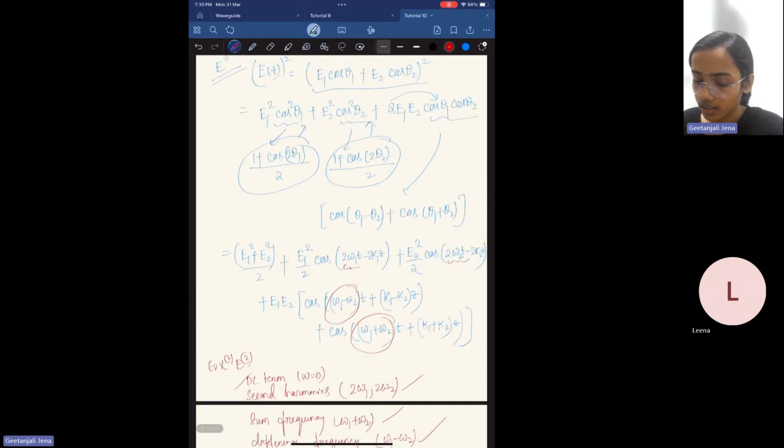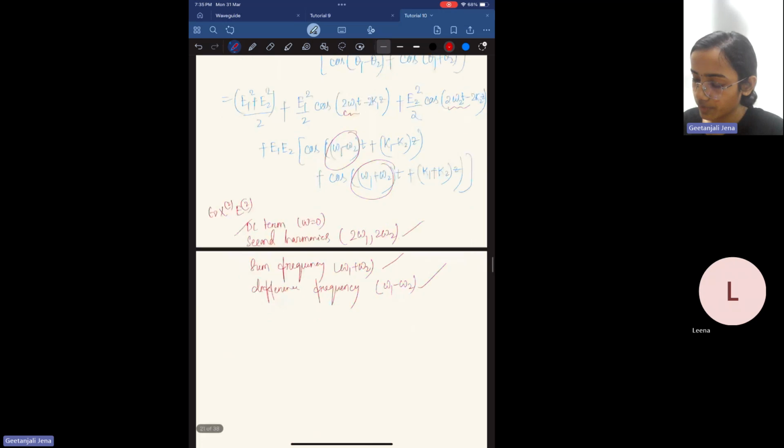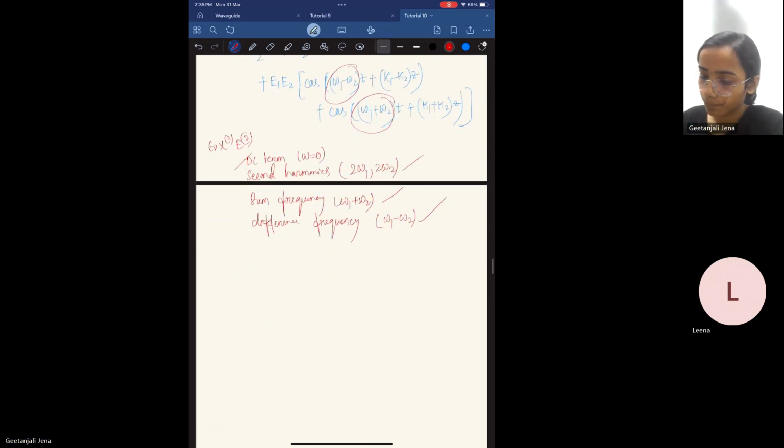So let us see what the terms would be for chi3. So for the E3 term, which is E1 cos theta 1 plus E2 cos theta 2 whole cube. So A plus B whole cube, you already know the formula.